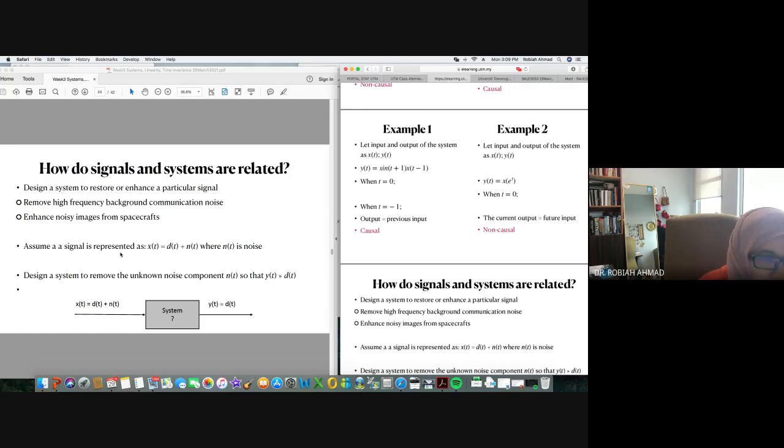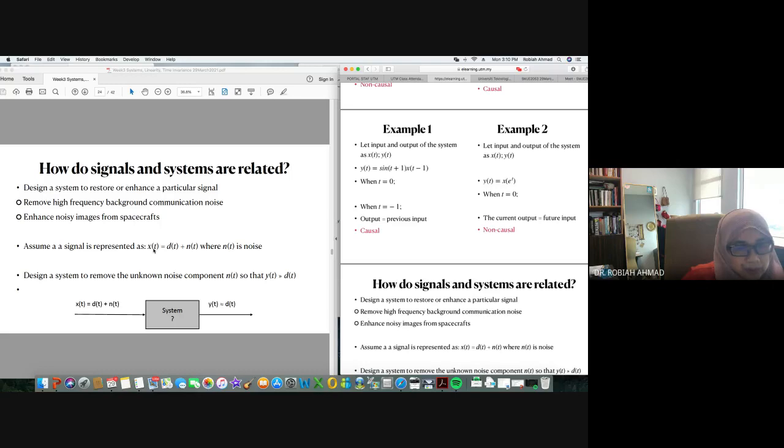So for example, designing a system to restore or enhance particular signals. We want to remove high frequency background noise, for example, so we need to look at what happens when we put the signals into that particular system, or enhance noisy images from spacecraft. These are some examples.